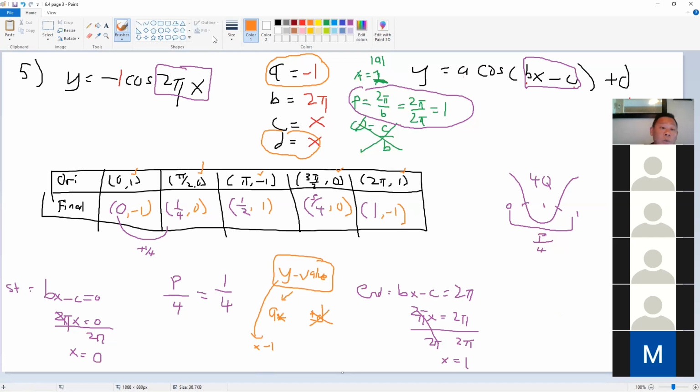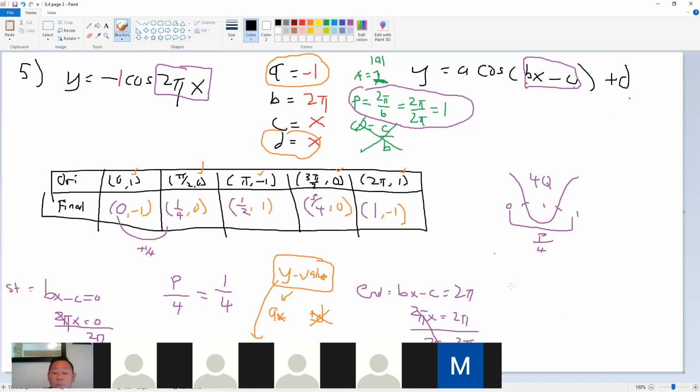So what you need to do here, class, is this final 5 points is your graph. So you graph them up. Your y value is either 0, -1, or 1. Your x value is 0, 1/4, 1/2, 3/4, and 1.